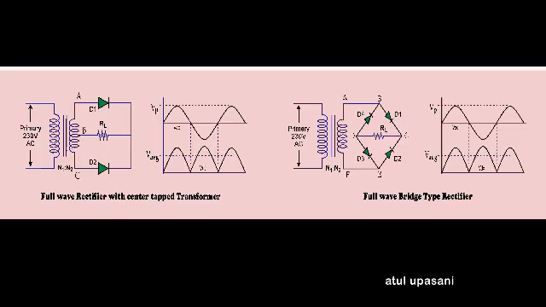One type is the full wave rectifier using two diodes and a center tap transformer, and the second type is the rectifier which uses a combination of diodes in a bridge fashion, called a bridge rectifier, and it uses 4 diodes. So these are the applications of p-n junction diode.